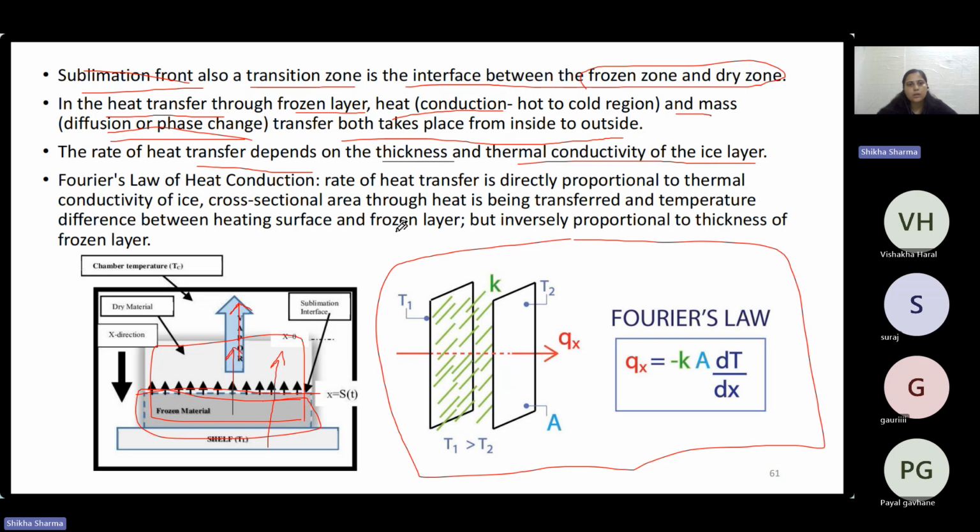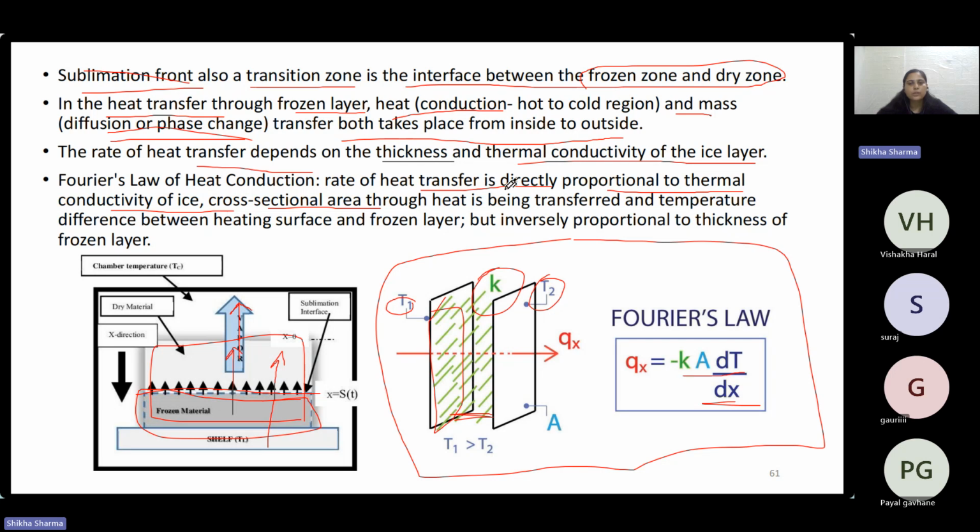So the rate of heat transfer is directly proportional to the thermal conductivity of ice and the cross-sectional area, which is Q equals minus K A dT by dx. T is temperature change, the difference of T1 and T2. K is the thermal conductivity of the material. A is the cross-sectional area, and dx is the distance it is traveling.